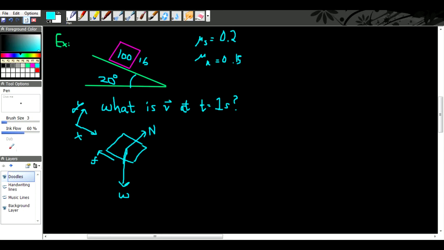So from here we can see that the sum of the forces in the x direction is equal to 0, or we need to set it to 0 first. It's going to be ma, but we need to set it to 0 first. So we have the weight force times the sine of 20 degrees minus the friction.